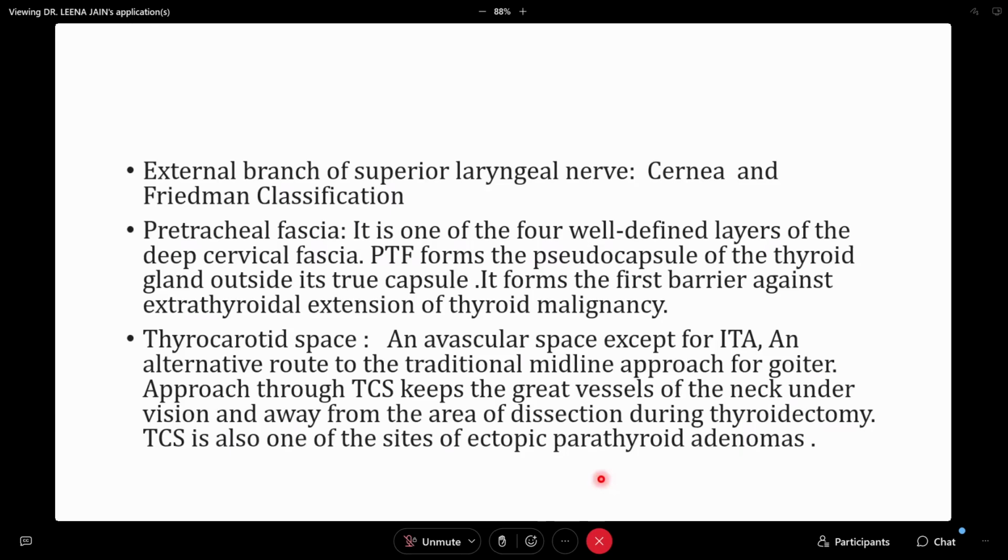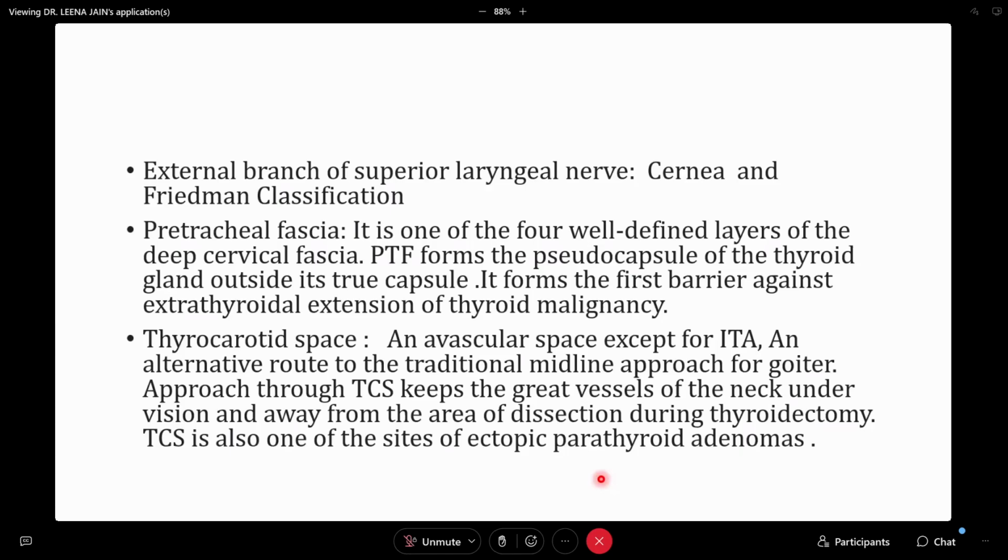When we call it type 1, it is more than 1 centimeter above this plane. Okay, more than 1 centimeter. When it is up to the 1 centimeter, it is type 2A. And when it is within 1 centimeter, then it is type 2B. So type 2B has more chances to get damaged during thyroid surgery when you are ligating the superior pole of the thyroid.